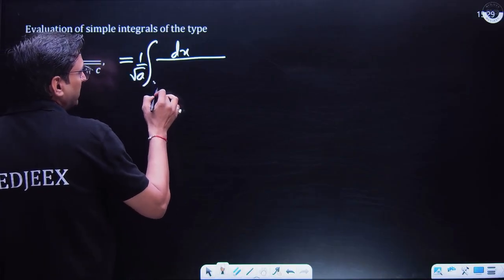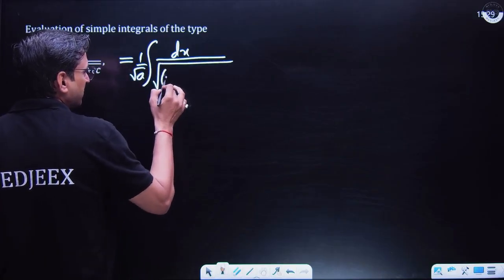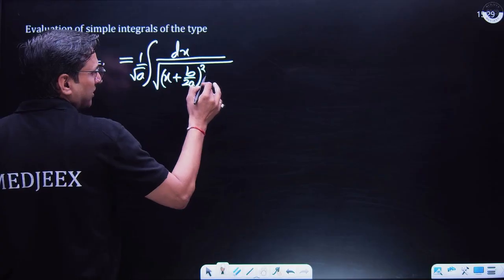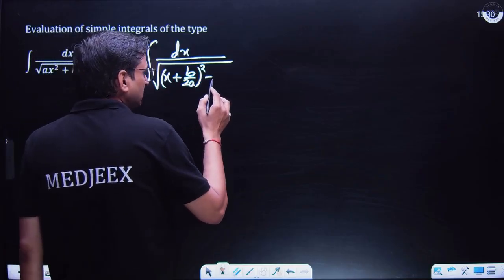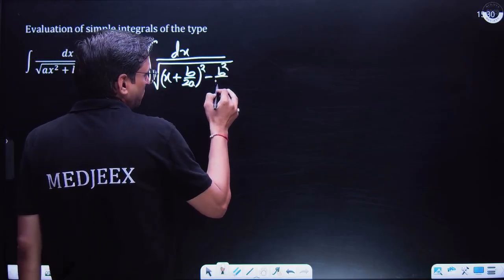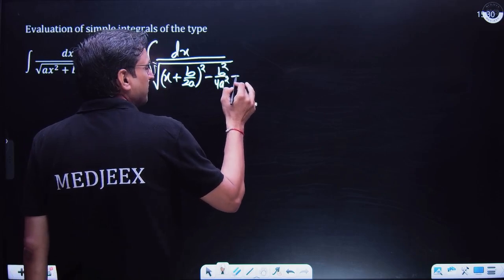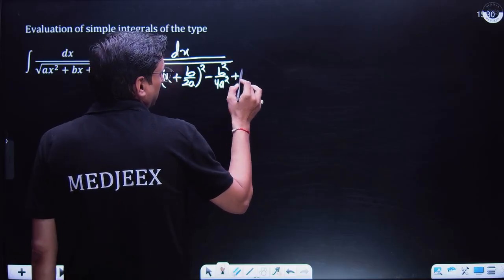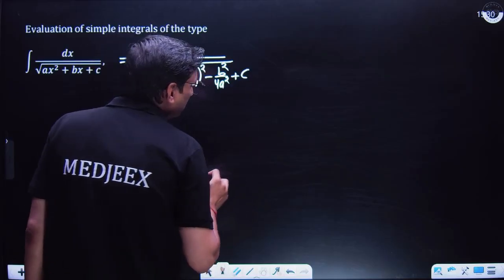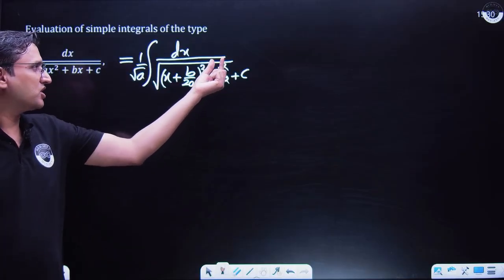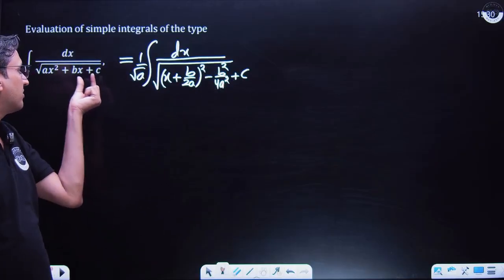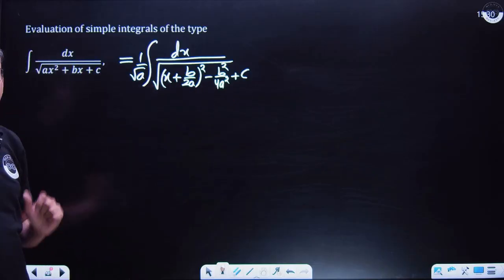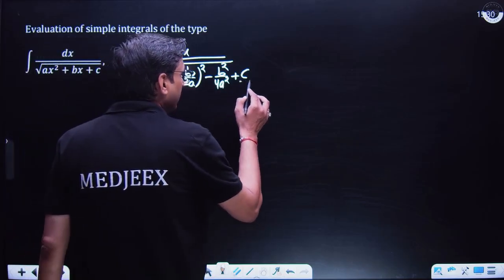Now this will be in the root, this will be like x plus b by 2a whole square minus b square upon 4a square plus c. This will be minus b square by 4a square, and this plus c will be the constant remaining over here. After simplification, the same thing will be this. Yes sir, c by a.